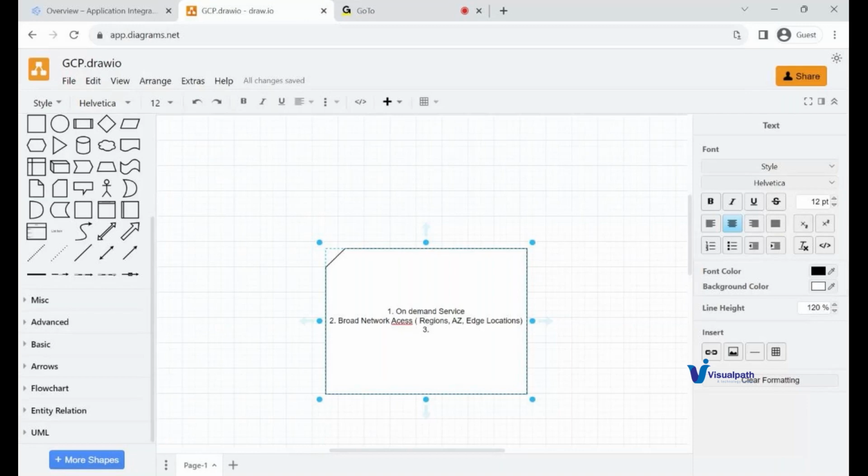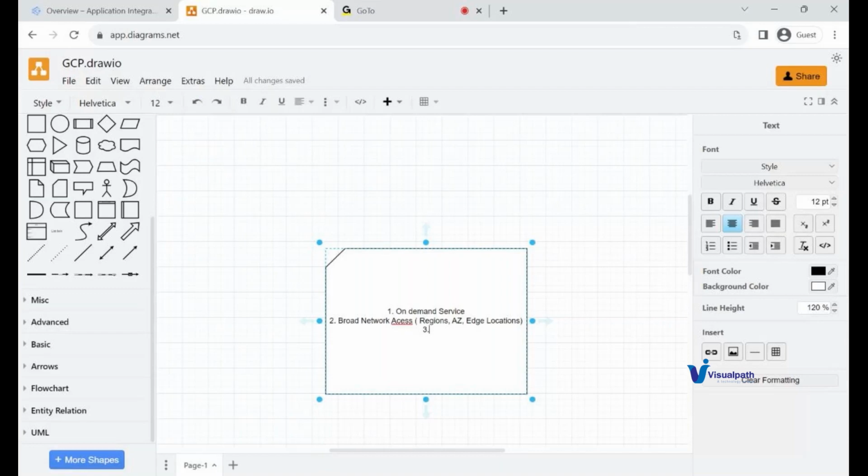Let's take US East as one of their regions. But US East is also a very big geographical location, so to segregate that again and to help the users access their data faster, and also for disaster recovery, they have again divided it into multiple strategic zones, which they call availability zones. So let's say US East 1A, US East 1B, US East 1C. This is one sort of naming convention that they use, right?